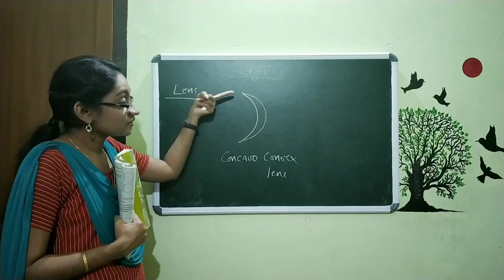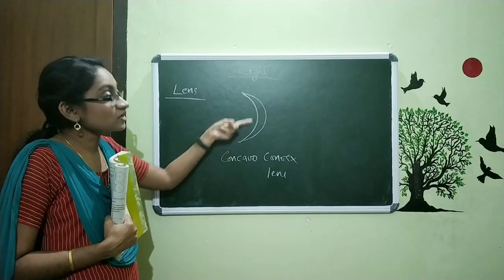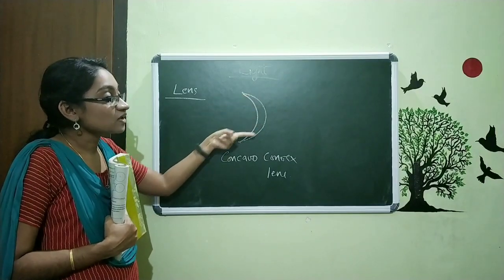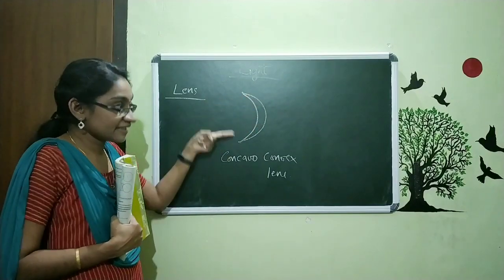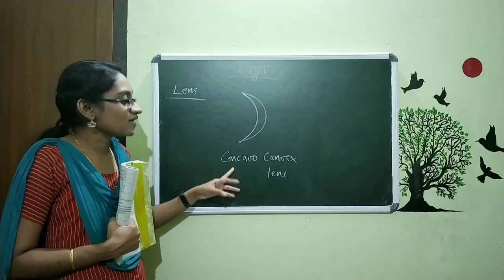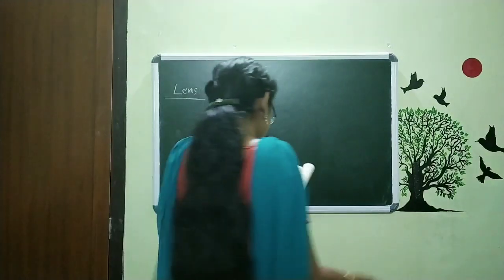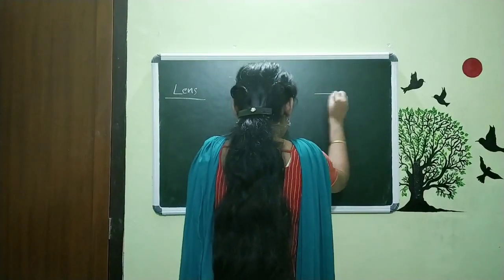Here you can see this is the concave side and this is the convex side. Concave side and convex side, both in a single one. That's why it is called concavo-convex lens. And also one more type is there, and that is like this.